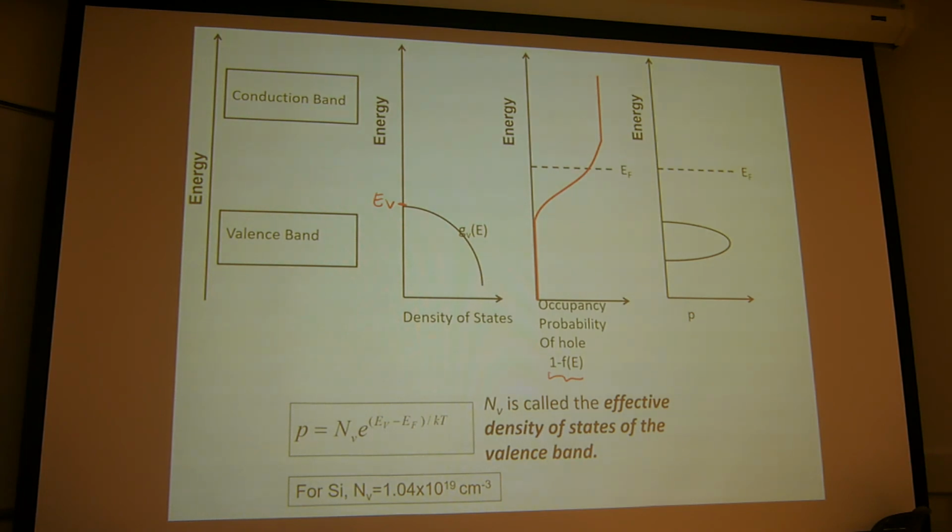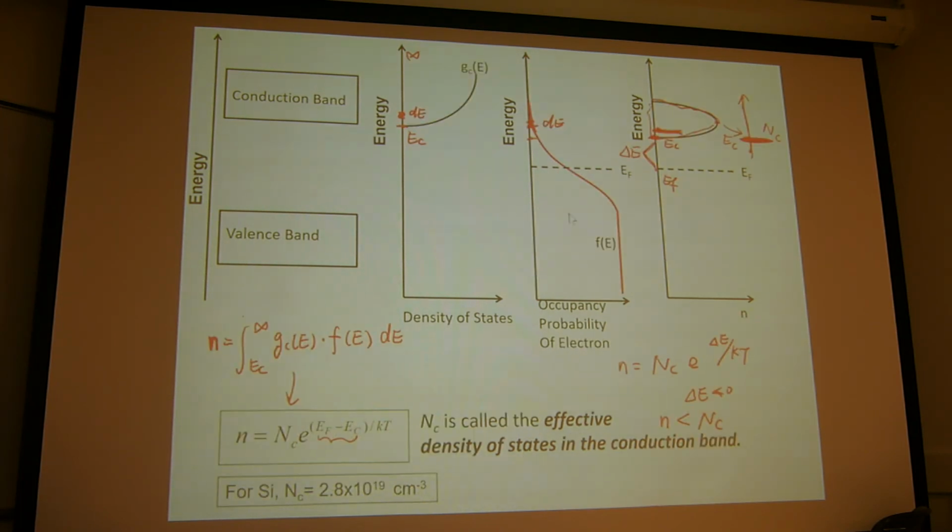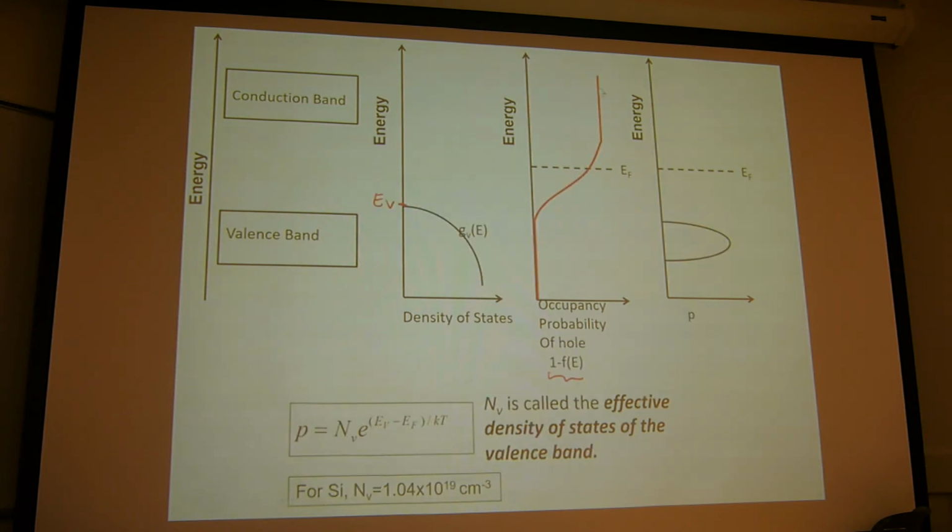A vacancy of the electron means you have a hole. So if that state is occupied by an electron, then the probability of occupying a hole will be 1 minus the Fermi function. So you just reverse the function. If you compare those two, this is the Fermi function, and 1 minus that will be something like this.